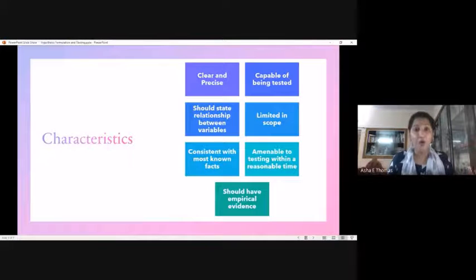If, as a researcher, I am not able to bring both of these variables, the monetary benefits and the motivation, into measurable terms, it is better that I should not go for it. I should not bring that as my hypothesis, because it is not possible to test it and come to a conclusion.